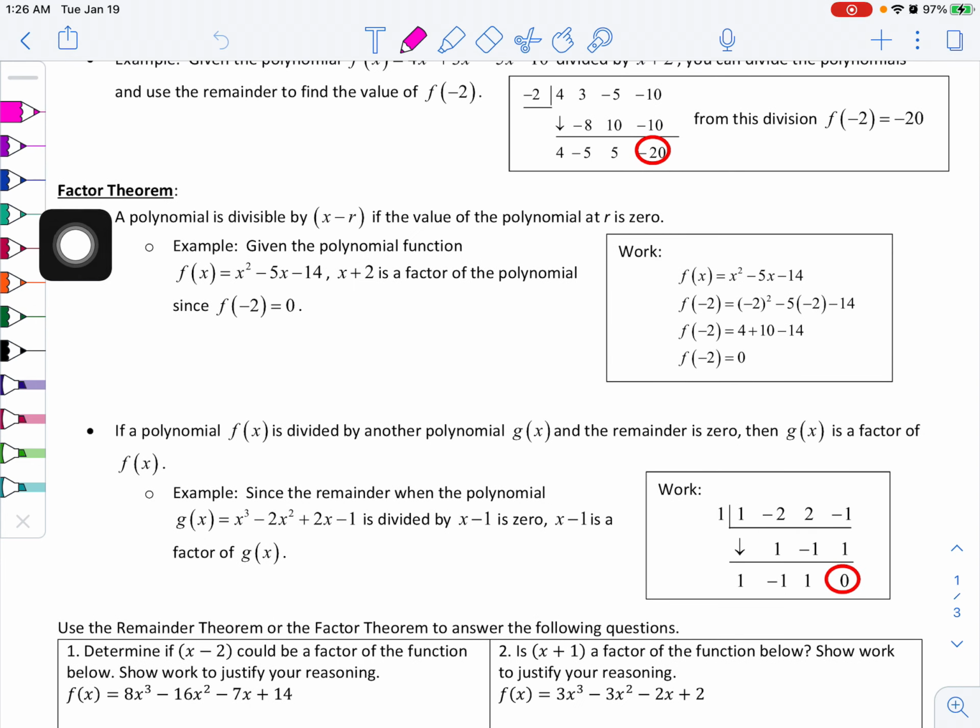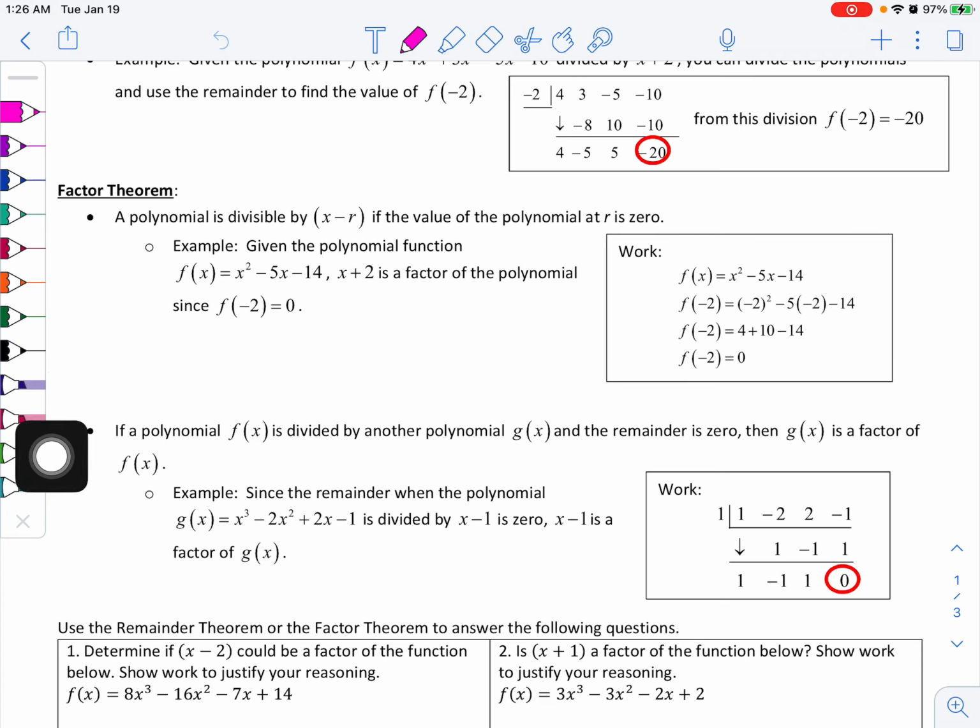You can either do it as a function value, or you can do it as division. If you divide by a linear factor, which also means you could replace x with r, if you end up with a function value of 0, then what you divided by, in this case x minus r, is a factor.